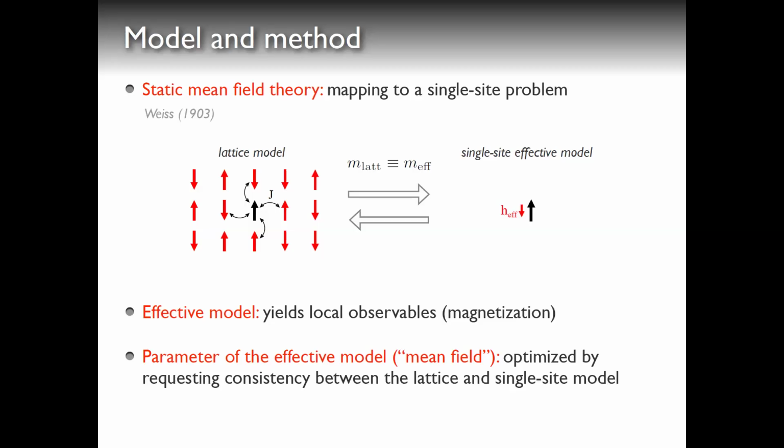So we can focus on one of the sites that becomes our spin, and then the rest of the lattice is replaced by this effective magnetic field. And we solve this problem in a self-consistent manner by imposing that the lattice magnetization is the same as the magnetization obtained from this single-site effective model.